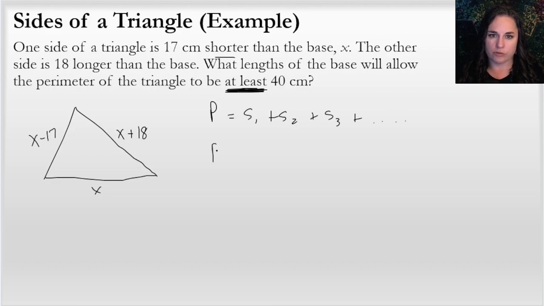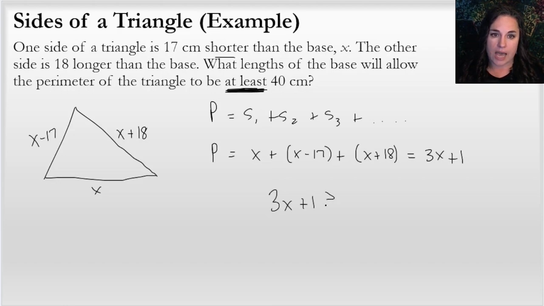So I'm going to take all three of them: x plus x minus 17 plus x plus 18. So the perimeter is 3x plus 1. What this situation is specifically telling me is that it has to be at least 40 centimeters. So I can say 3x plus 1 is greater than or equal to 40 centimeters.